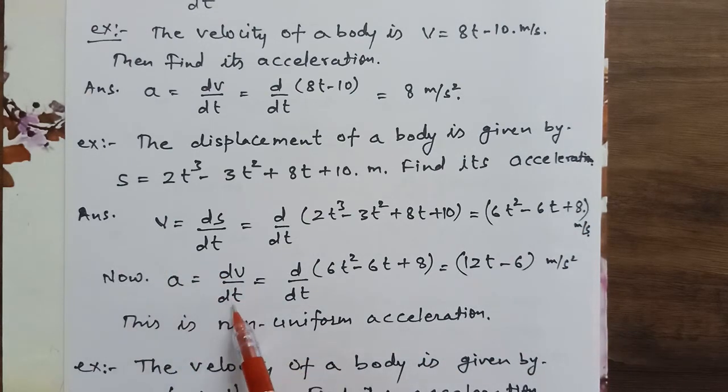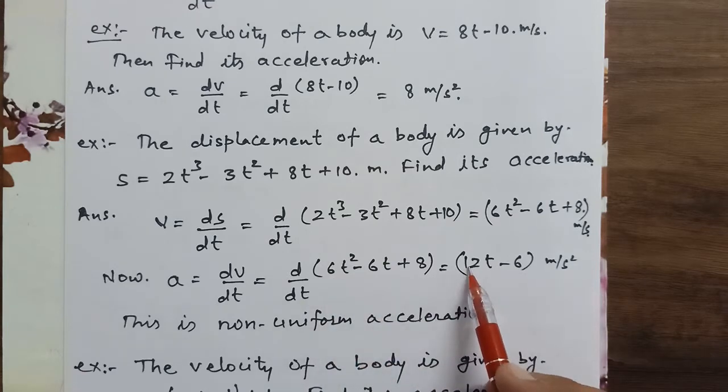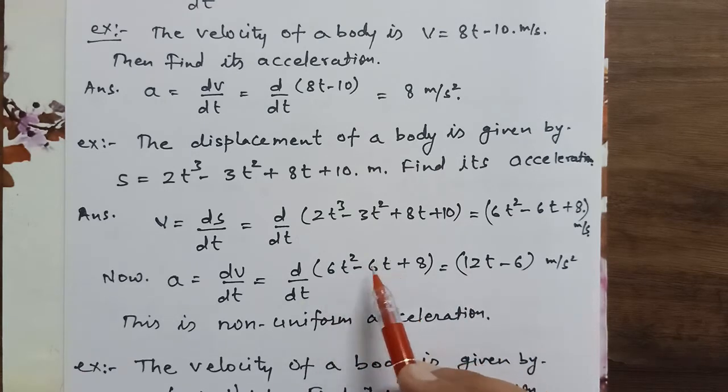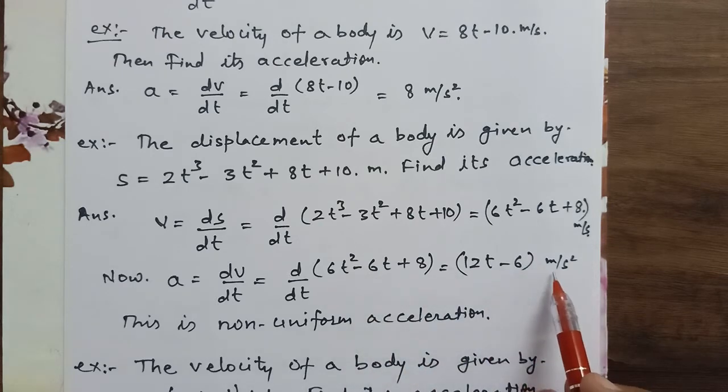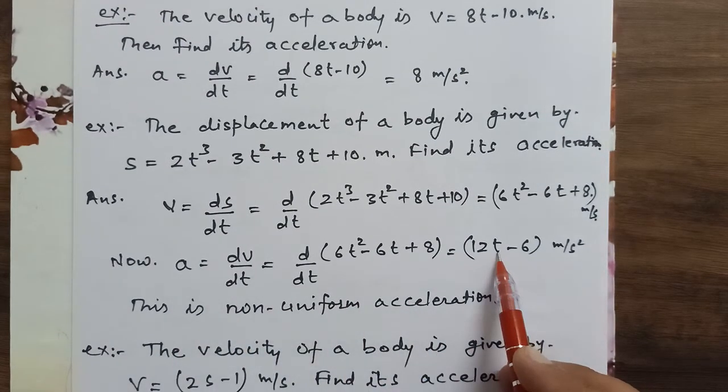Now a equals dv by dt. So again this velocity expression will be differentiated. 2 into 6, 12t, and dt by dt, so minus 6, and unit is meter per second square. You can see that this acceleration is time dependent.